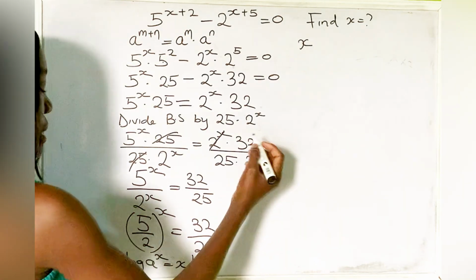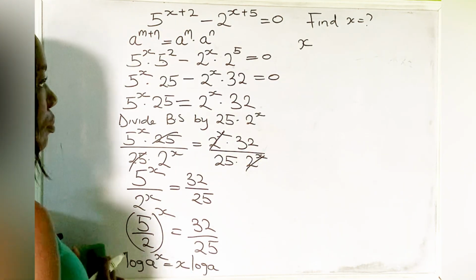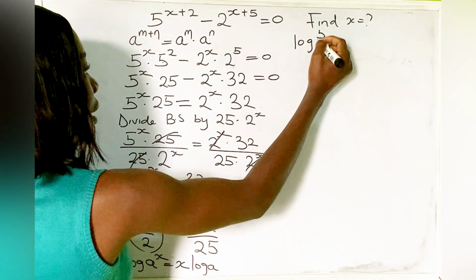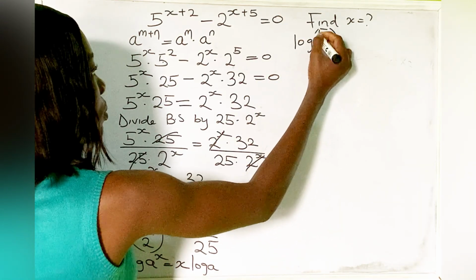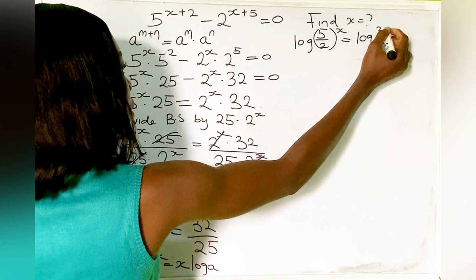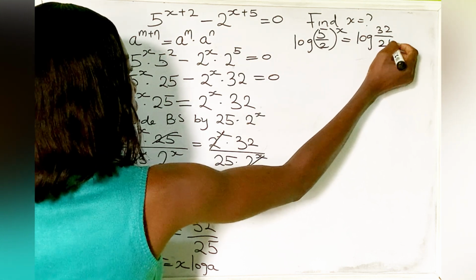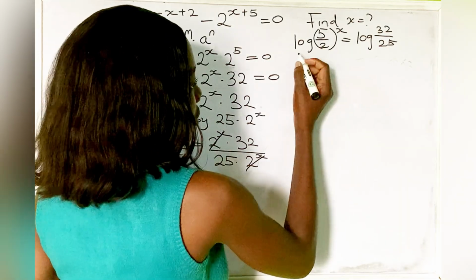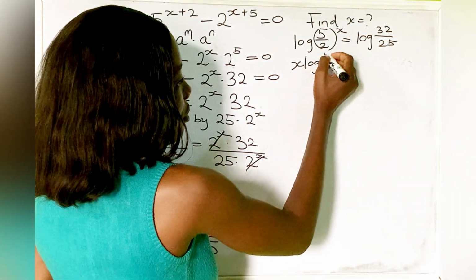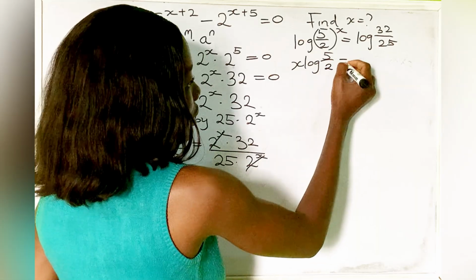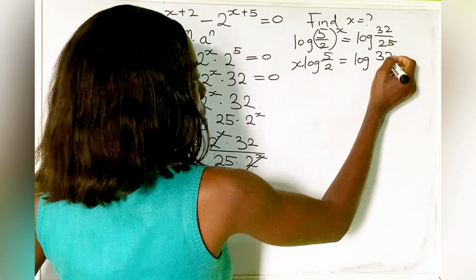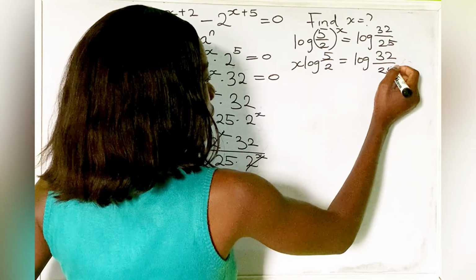Taking the log of both sides, you say x log 5 over 2 is equal to log 32 over 25.